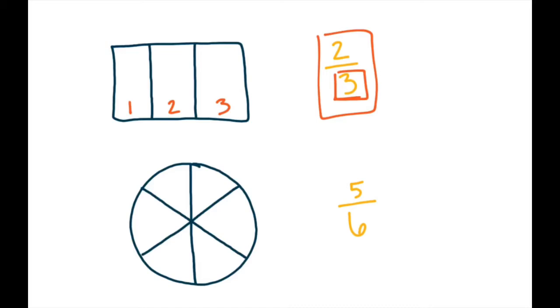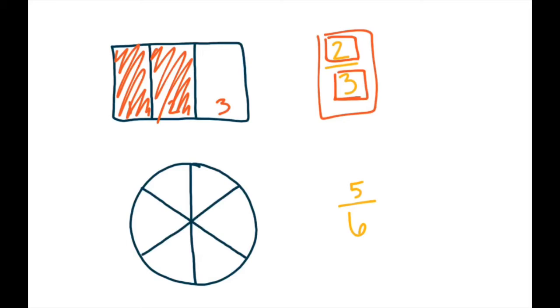Now, our numerator tells us that we need to have 2 of these 3 parts shaded in. So I'm going to take my red ink and shade in 1, 2. So my picture fraction, 2/3, matches my number fraction, 2/3.